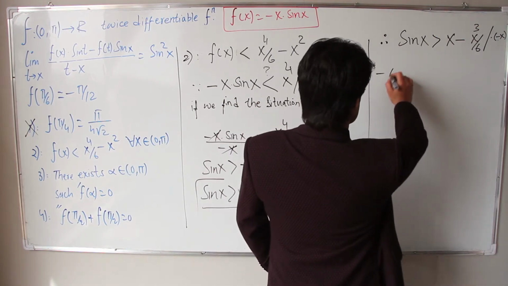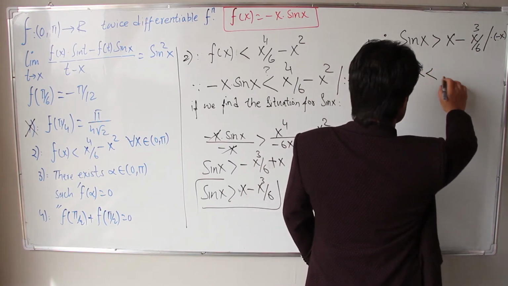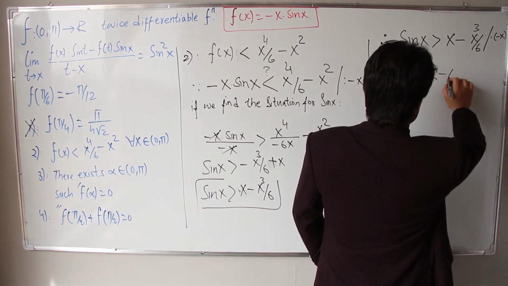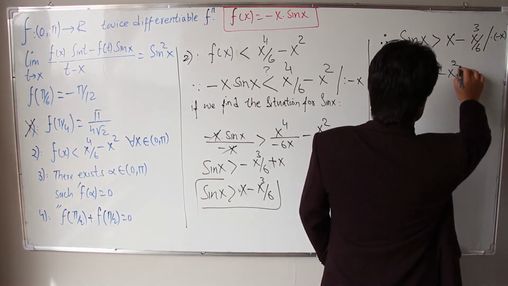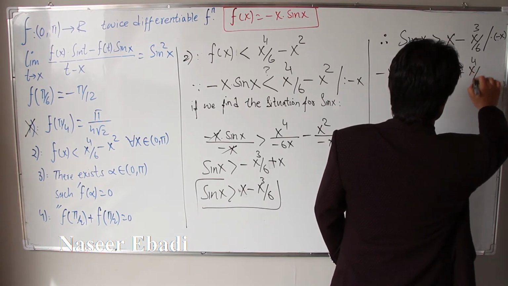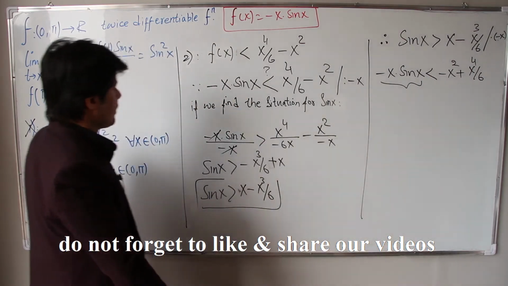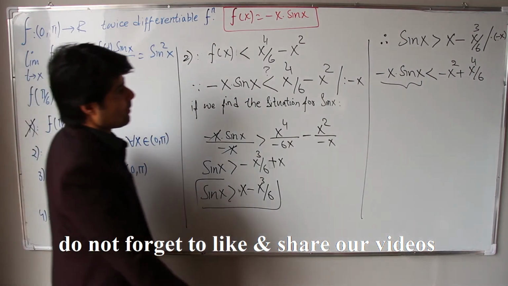Now this is minus x sine x, this one changed, and this one we have minus x squared, this minus minus becomes plus x to the power 4 divided by 6, and this one I think is f(x).